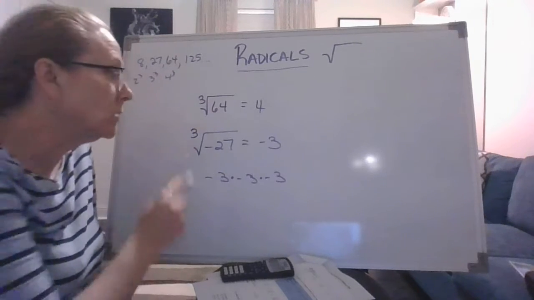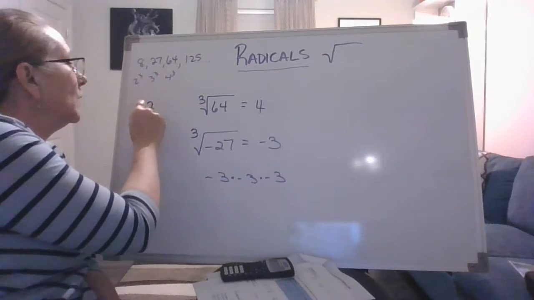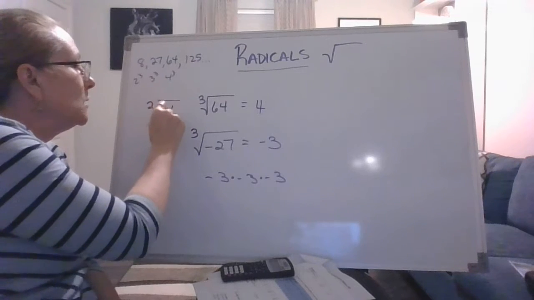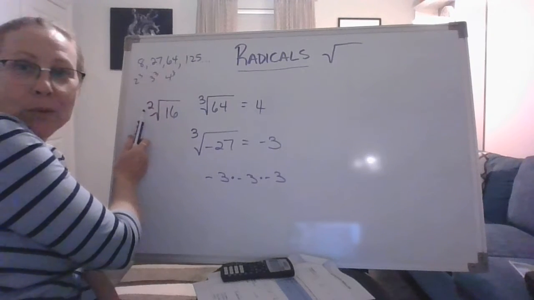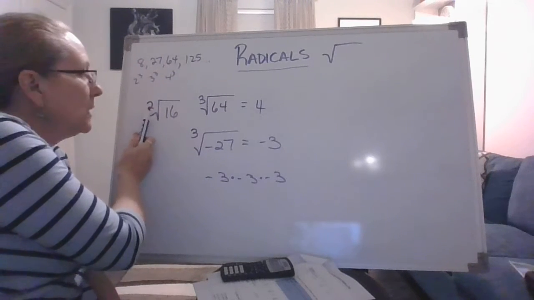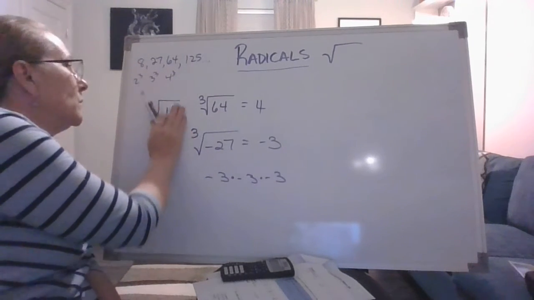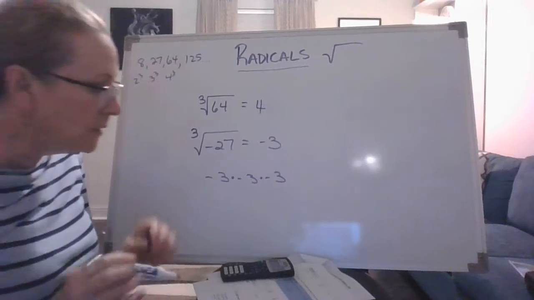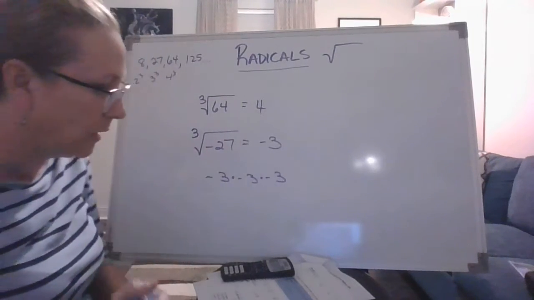So even roots, so when I was doing the square root of 16, guess what? We call it a square root. There's actually a 2 here, it's understood. So it's an even root, odd root. So this would be negative 3.